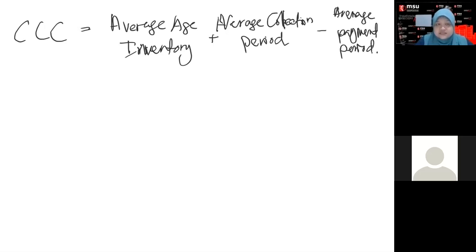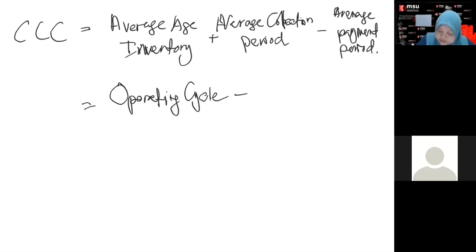Okay, so this is the cash conversion cycle. To make this formula short, it is operating cycle minus average payment period.